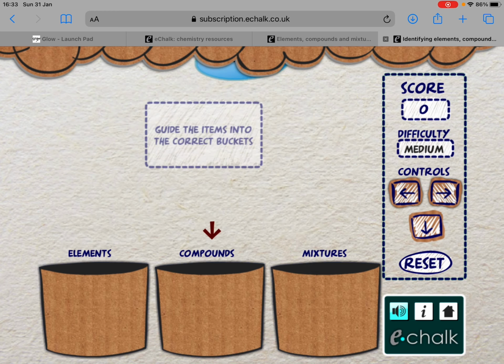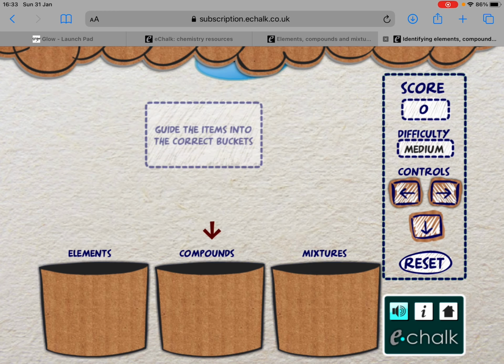Salad dressing is a mixture. Copper is an element. Lemonade is a mixture. Iron sulfide is a compound. Oxygen is an element. Carbon dioxide is a compound.